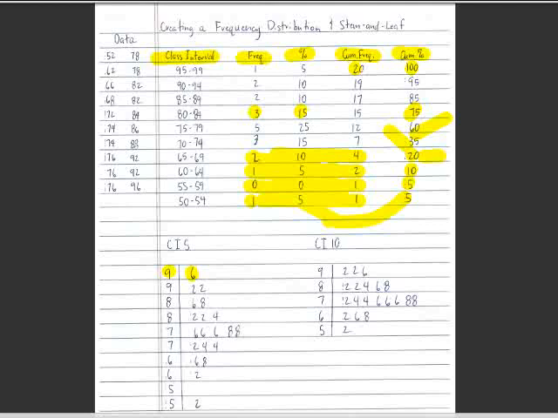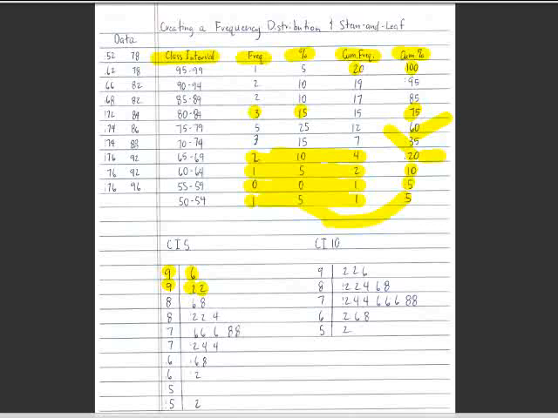So it is the only one in that upper class interval. There were 2 92s, so there's 2 2s in that class interval. And so one thing that you do need to recognize is that every data point, all 20 of those scores, should have a place within this stem and leaf.